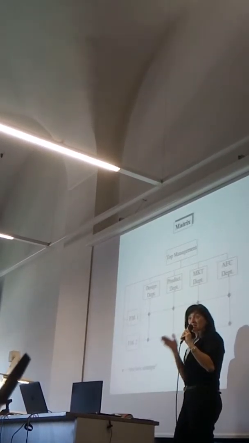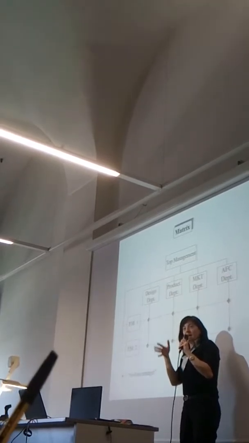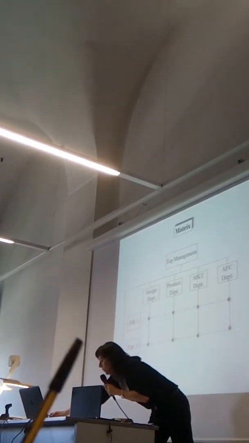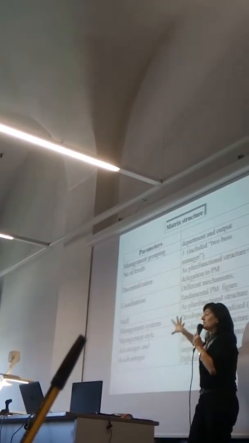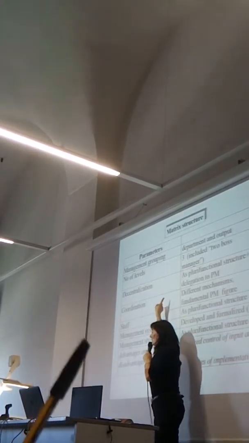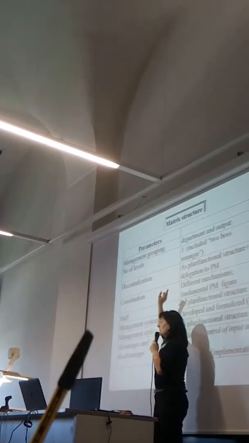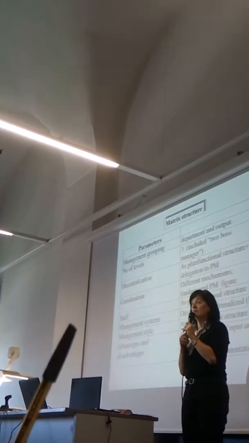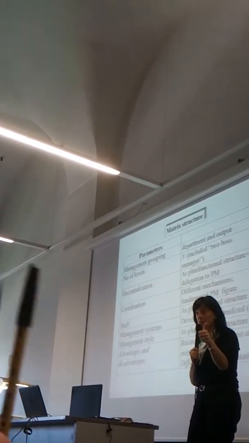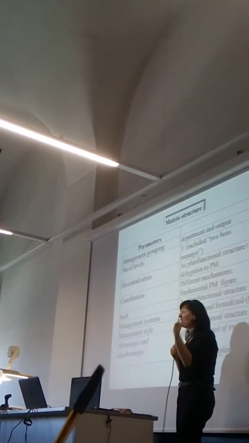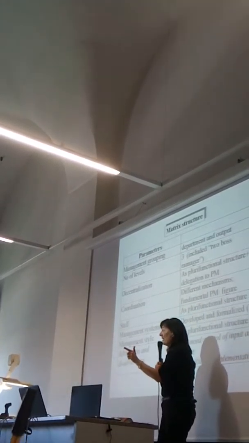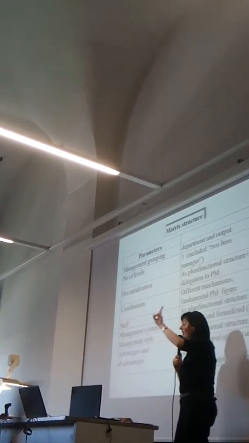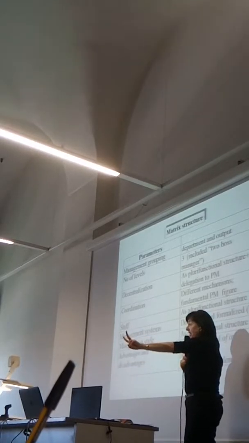Okay? That's why, in this kind of operating structure, when we have to define the decentralization parameter, it's possible to identify the selective delegation and the limited parallel delegation. Okay? Two different kinds of decentralization and delegation.